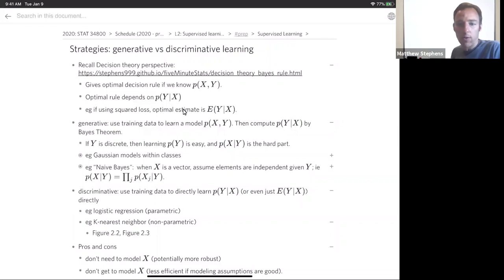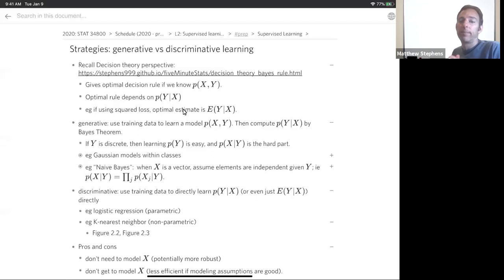For example, recall that if you're using a loss function that measures error using the squared difference between your estimate and the true value, then the optimal decision rule is to just use the conditional mean of y, sometimes the posterior mean of y given x. Okay, so we know what to do if we know what the joint distribution of y and x is.